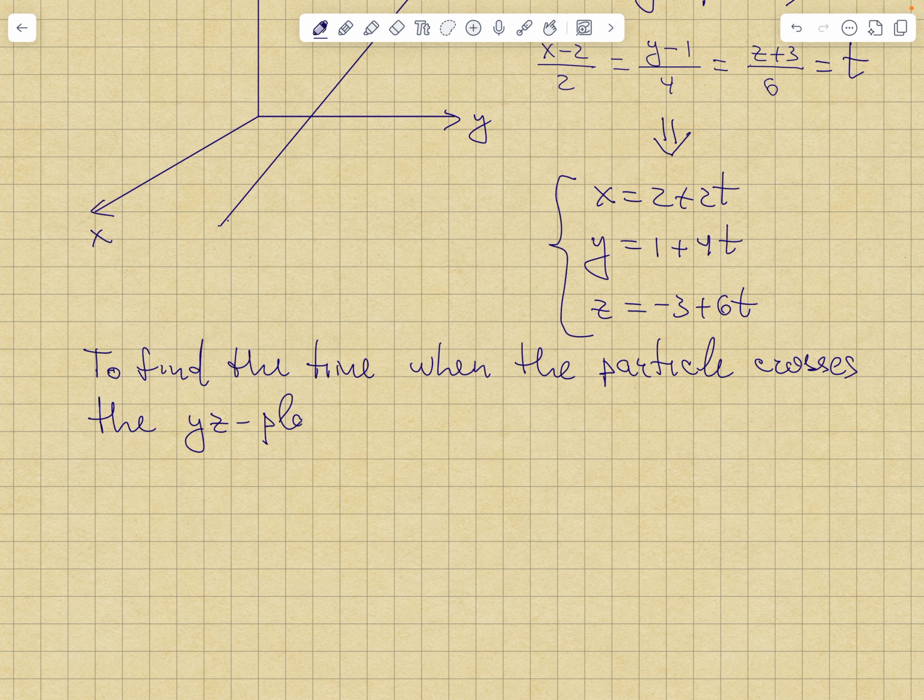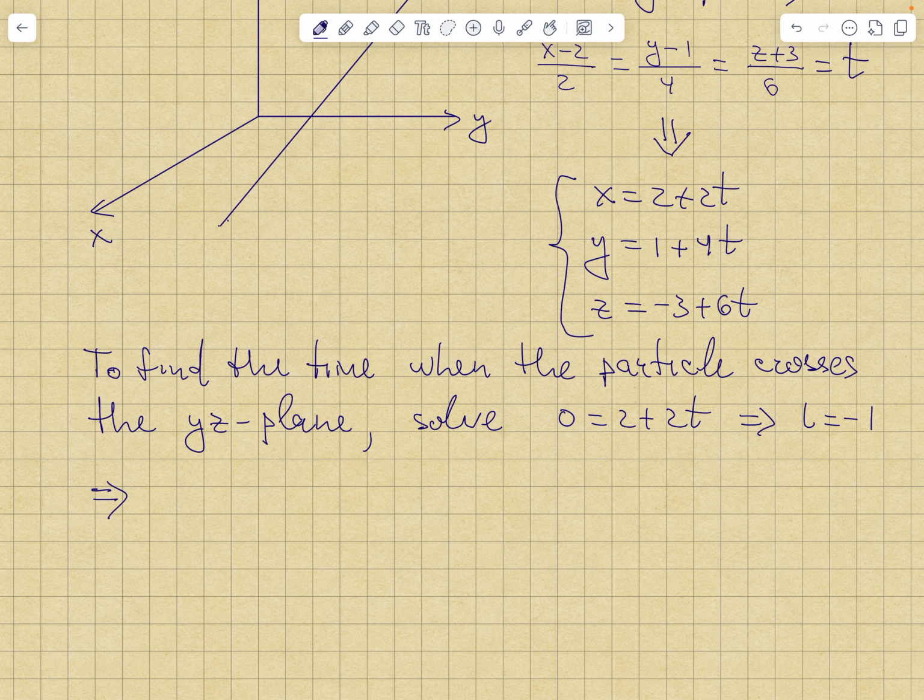I need to solve 0 equal to 2 plus 2t, right? I need to solve the equation for the time when x is equal to 0. So in this case, t is equal to minus 1.